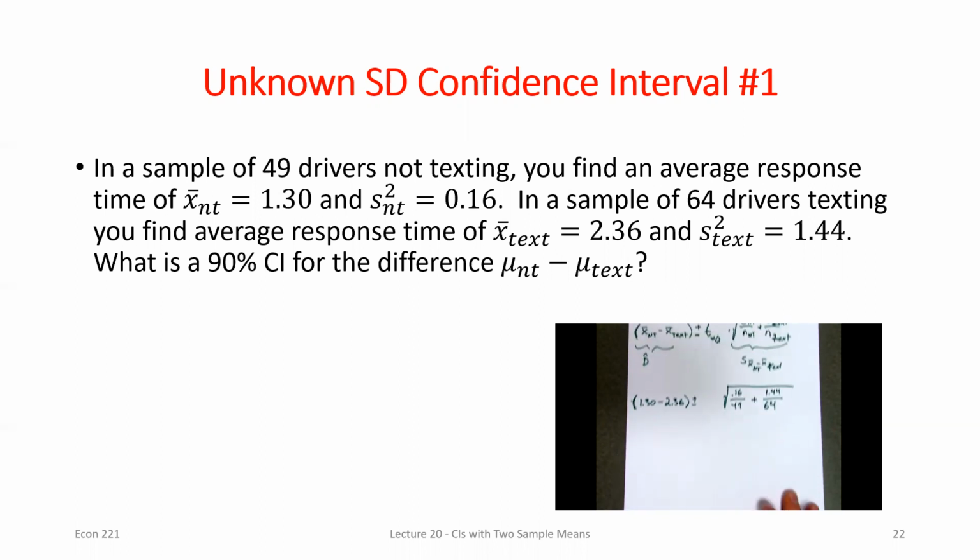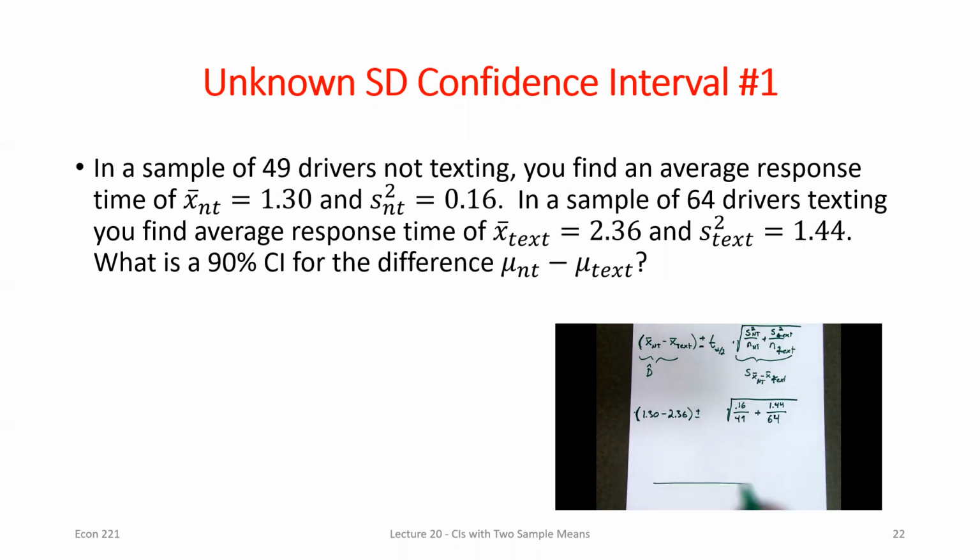The last thing I need to do is find this t-value such that I have alpha over 2 on either side of this interval. My alpha is, if I have a 90% confidence interval, alpha would be 0.1.